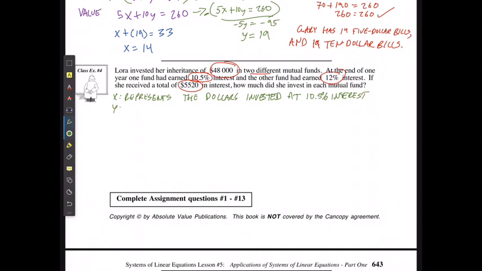And I'm going to say that y represents the dollars invested at 12% interest.